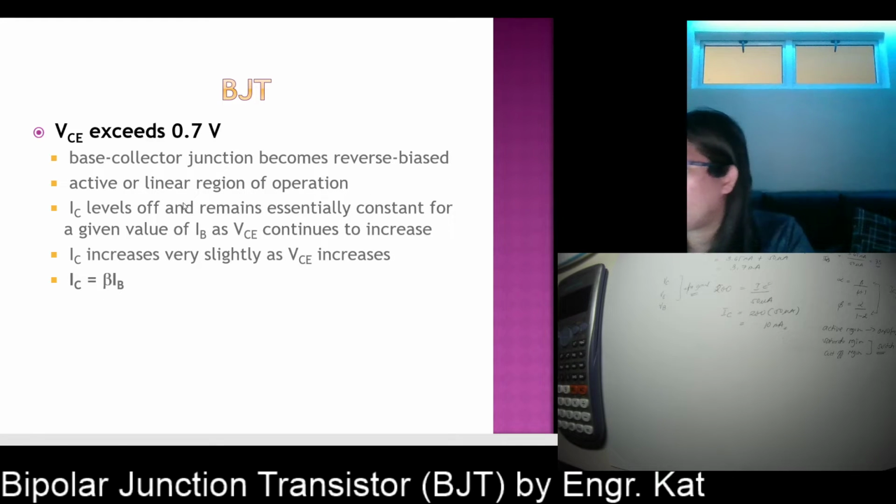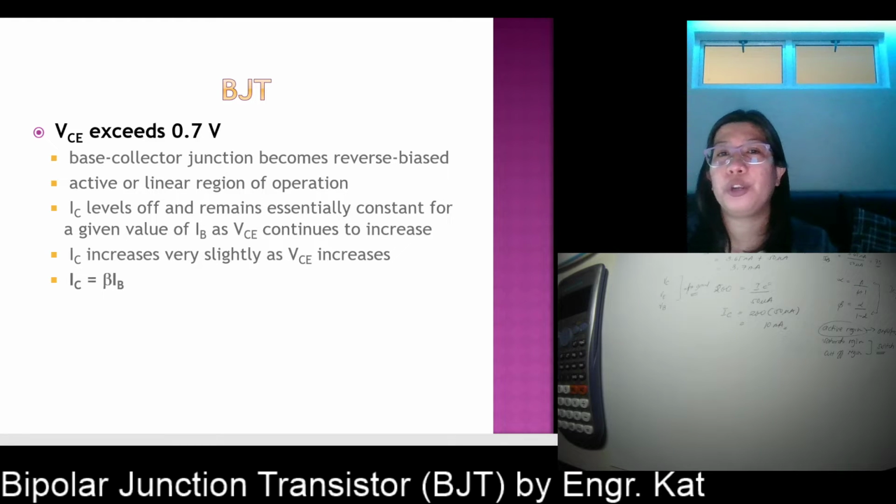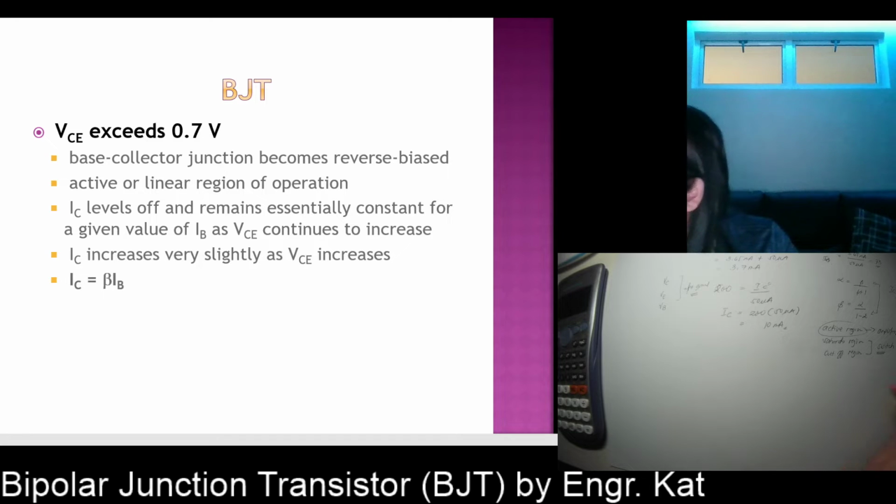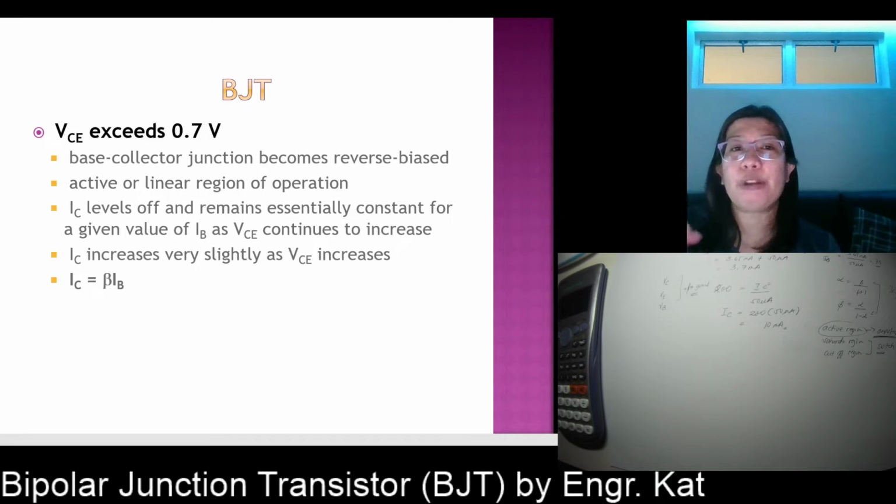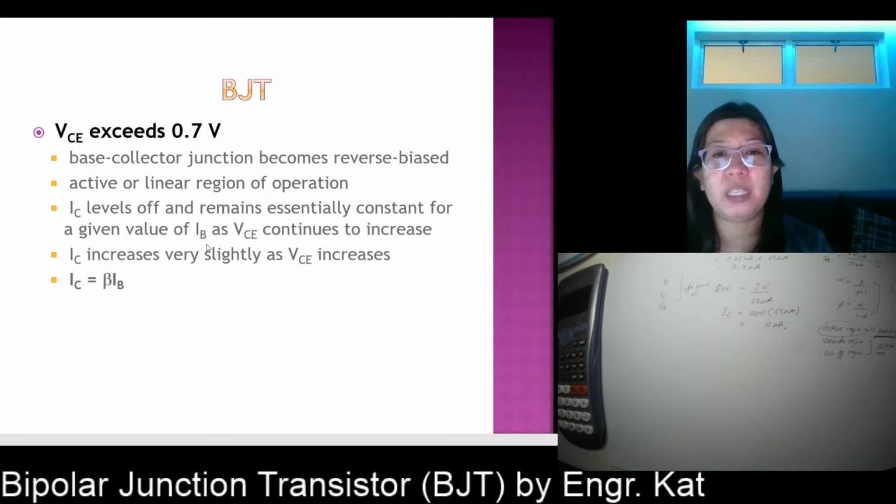So when your base collector junction becomes reverse biased, what happens? Your transistor is now operating in the active region. When your transistor is operating in the active or linear region, that means it is operating as an amplifier. What do we mean by that? Your IC levels off and remains essentially constant for a given value of IB as VCE continues to increase.